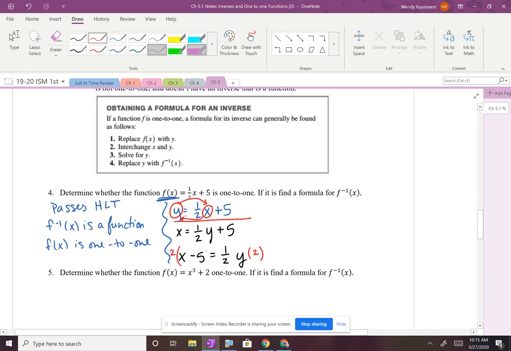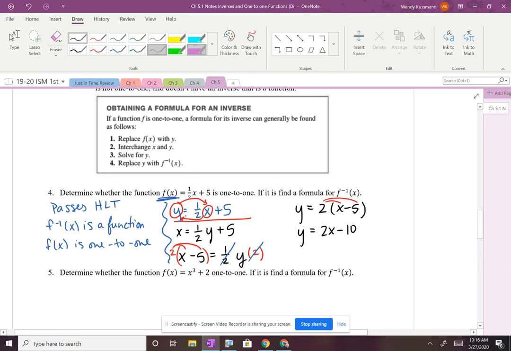Now, when you multiply this side by 2, you have to multiply everything by 2. So this is what happens. Your 1/2 and your 2 cancel, leaving you with y equals 2 times x minus 5. And we're going to distribute that 2, leaving you with y equals 2x, 2 times negative 5 is negative 10, 2x minus 10.